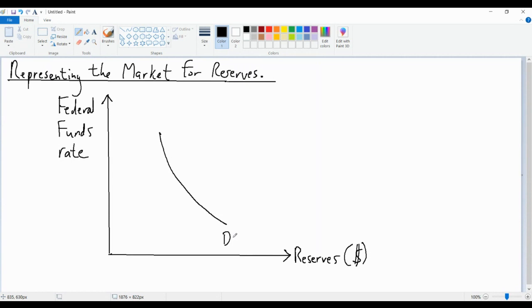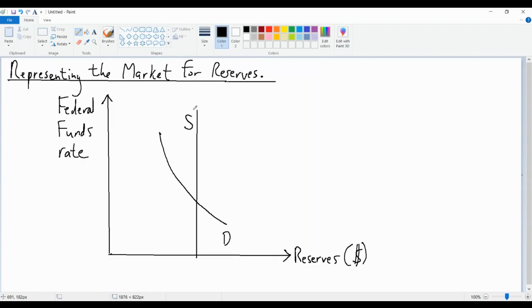So as a first pass, we can just draw a vertical line here, saying the supply of reserves comes from the Fed, and they decide how many reserves there are based on factors that are not related to interest rates, because they can just create this out of thin air, almost. So now this is a basic picture.